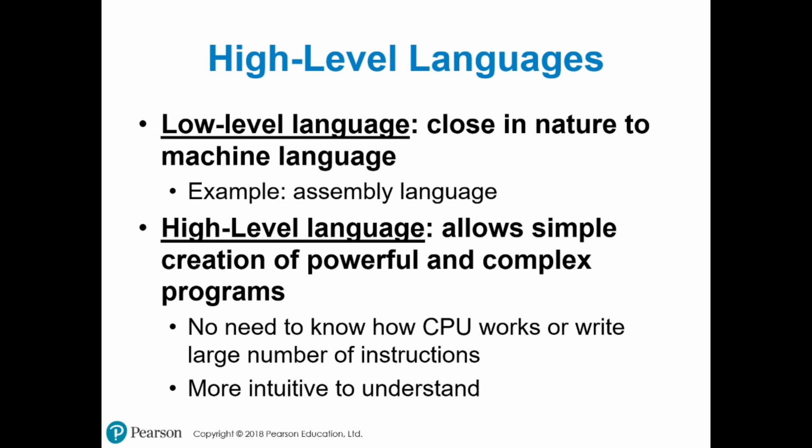You can write easily compared to assembly language or machine language, with no need to know how the CPU works, and you can write a large number of instructions. But it's important to know how the CPU works. And we can create powerful and complex tools or programs.